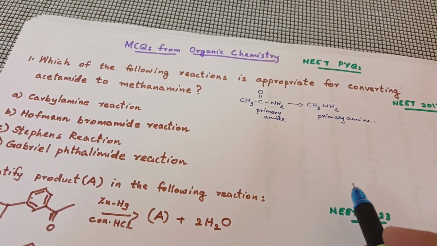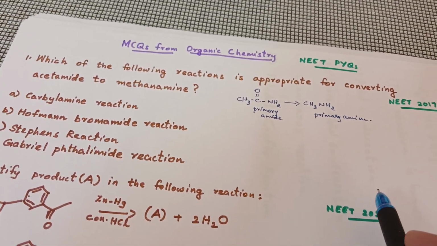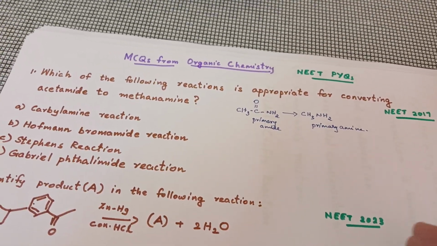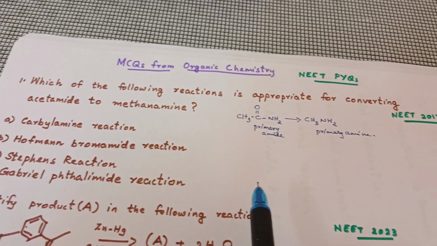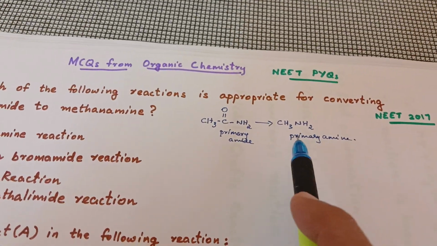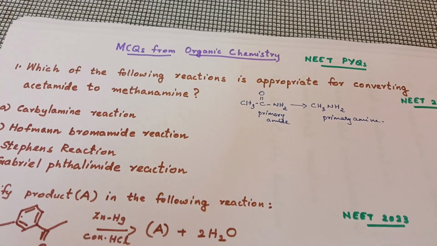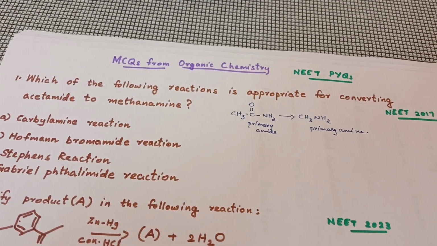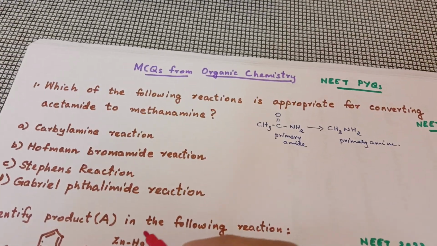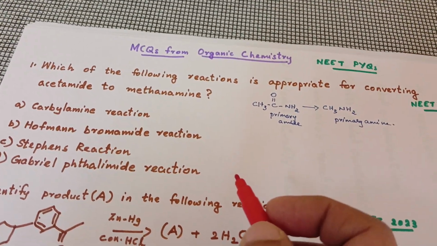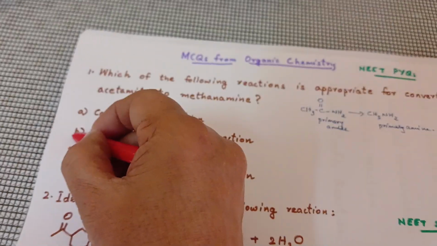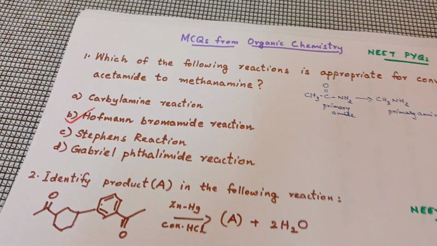So the C double bond O gets removed as a carbonate and you end up with a primary amine which will be having one carbon less than the amide which you started with. So Hofmann-bromamide reaction, option B, will be the correct choice.